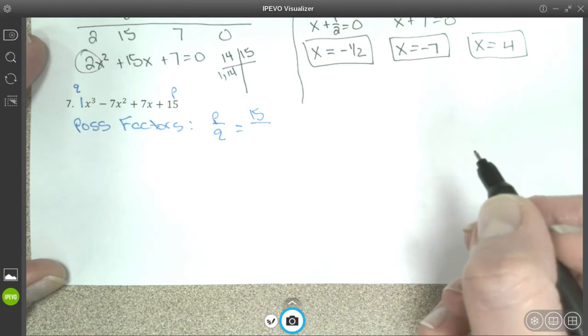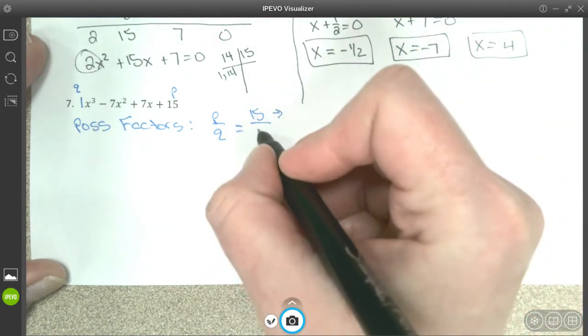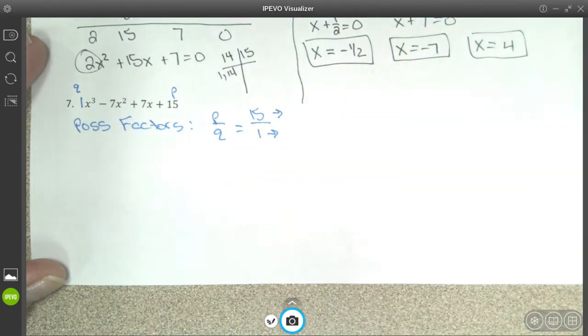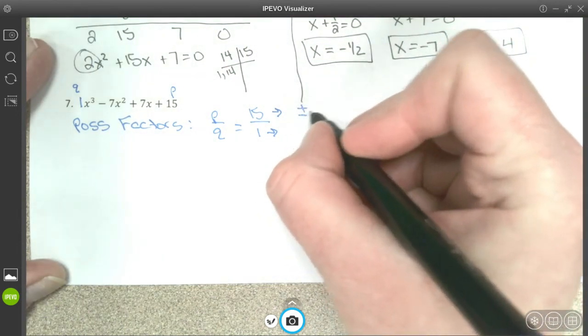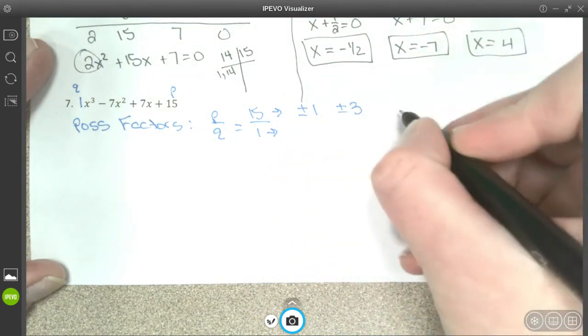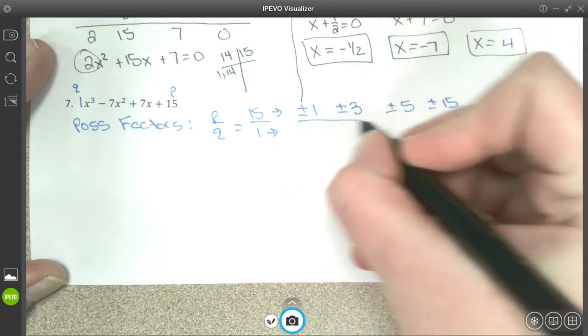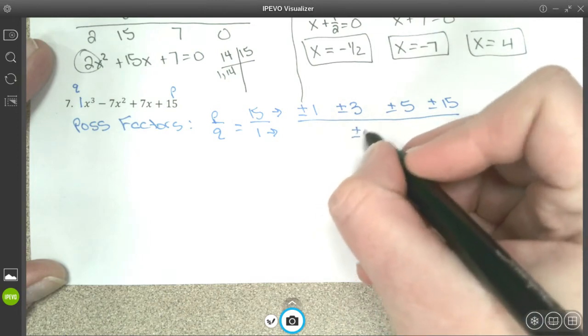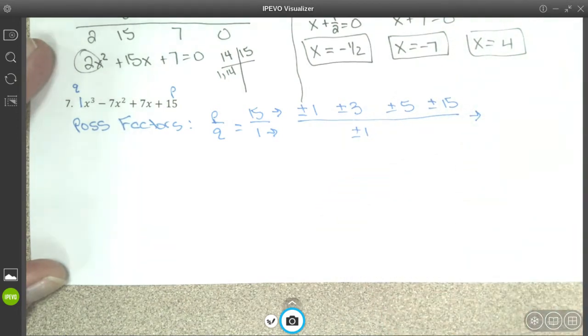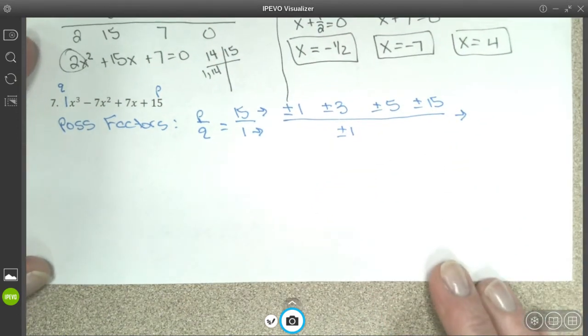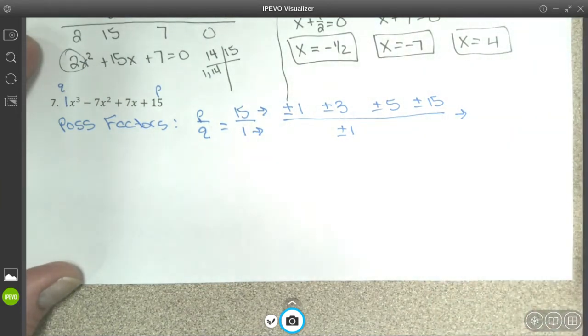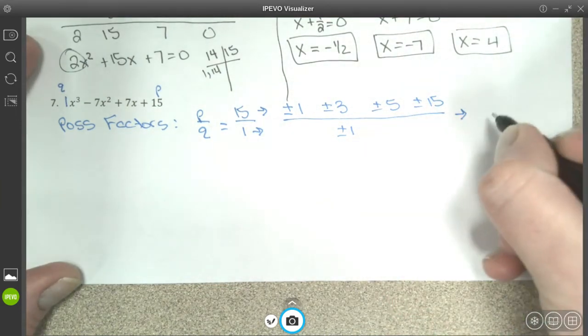So I'm going to list the factors of 15 on top. I'm going to list the factors of 1 on the bottom. So my factors of 15 are plus or minus 1, 3, 5, 15. And then your factors of 1 are just 1. So when I condense this, all I need to do is just drop it as a fraction.